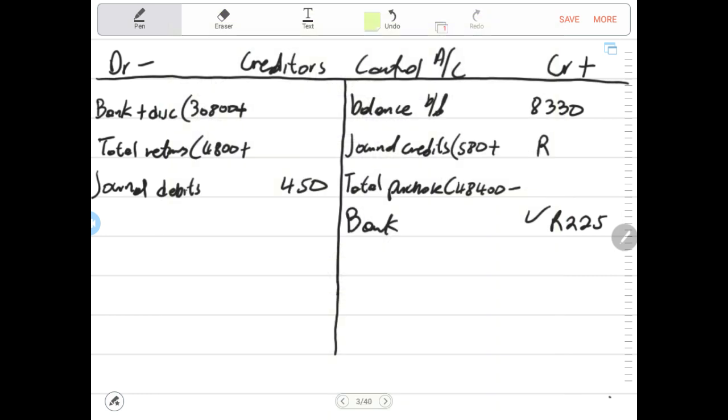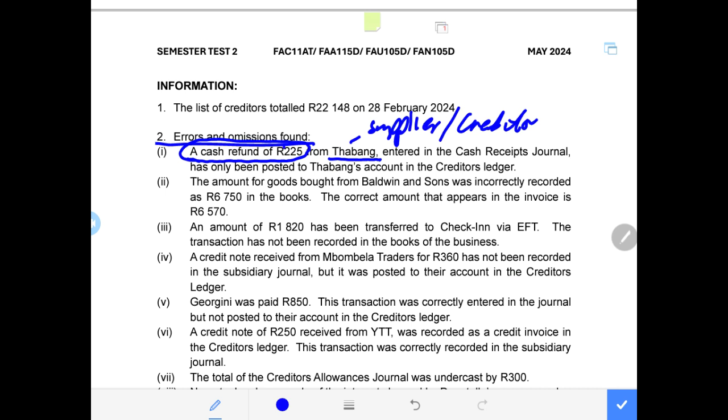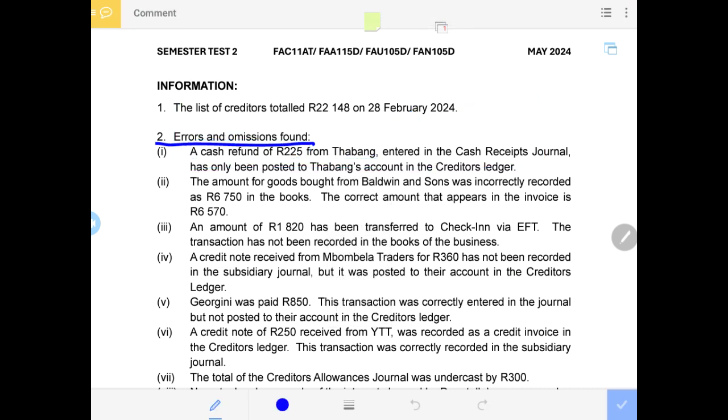That is why you see this refund sitting on the credit side of the creditors control, and a refund in the debtors control ledger account. When we do the reconciliation of debtors, the refund goes to the debit side in there. So I hope I have emphasized this one and given all the details that are necessary.